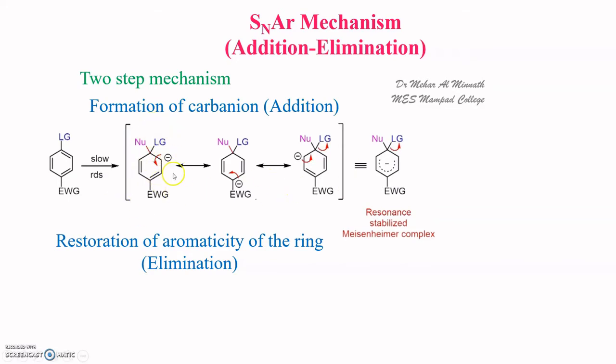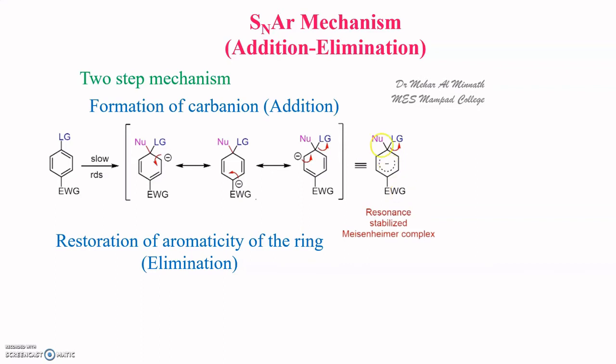And you can see here a carbanion is formed, and that carbanion is resonance stabilized. This carbanion, with the leaving group and nucleophile on the aromatic ring, is called the Meisenheimer complex, or some books call it the Meisenheimer-Jackson salt.